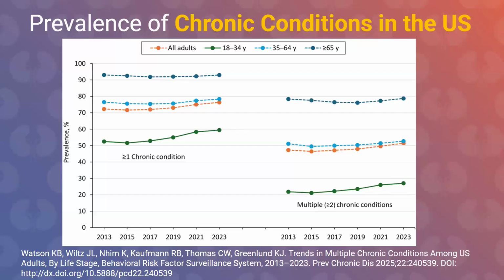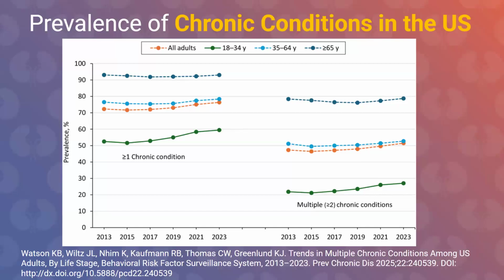So it really relates to not just kidney disease, but as a background, to multiple chronic conditions that are highly prevalent in the US. This slide is from work done by CDC researchers, published in their very high impact journal, Preventing Chronic Disease. The data come from the Behavioral Risk Factor Surveillance System.